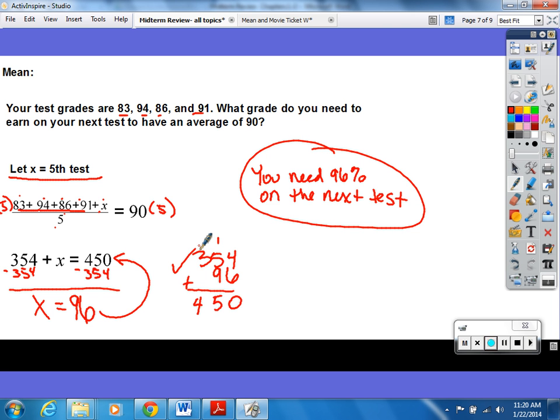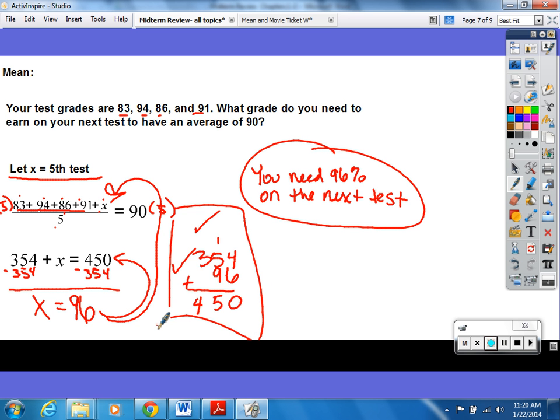If you want to put it back into the original equation, you can if you want to reassure yourself, but you've already done the math to add up 83, 94, 86, and 91. So I'm okay with your check being a little bit more simplified in a problem like this. Again, we need to make sure that we answer the question. So you need to be 96 or you need 96% on the next test.